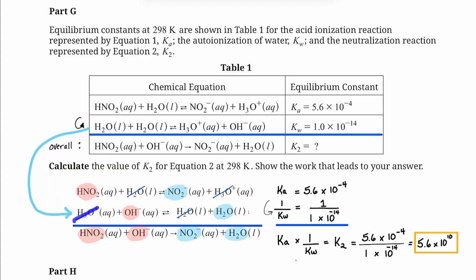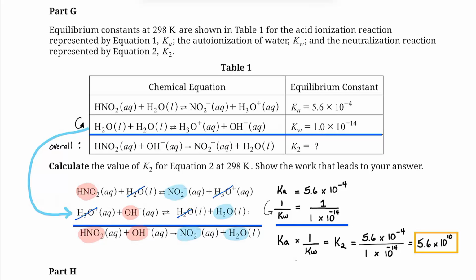H3O plus cancels. Water cancels, and as you can see, I'm left with the products and reactants. Now, because I had to flip the second one, what did I do with that individual equilibrium constant called Kw, famous for water? Well, I made the inverse of it.